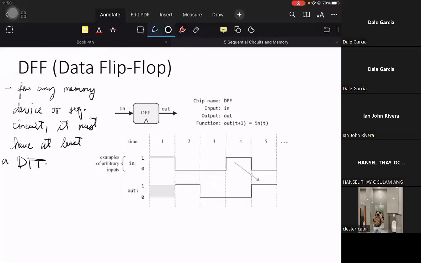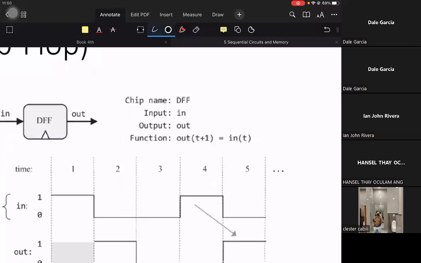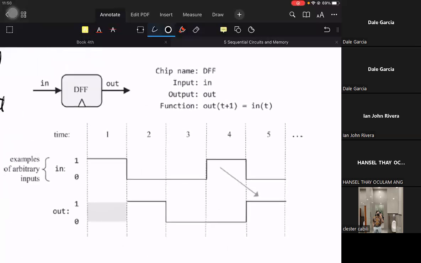So how does the data flip-flop work? First, the specs, right here in the upper right portion. The function is that the output at any instance of time one step forward, or one cycle after, is a function of the present state of the input. So input at time t is equal to the output at time t plus 1. If it were purely combinational, the output would be at t.